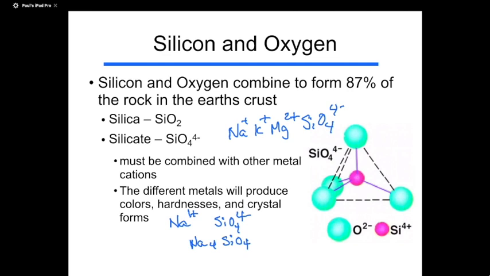And so minerals can get a whole lot more complex in terms of the combinations that they can make. And so one sodium, one potassium, and one magnesium bound to that is different than if I had 2 sodiums, 1 magnesium bound to that. And so there's a lot of different combinations that minerals can have.